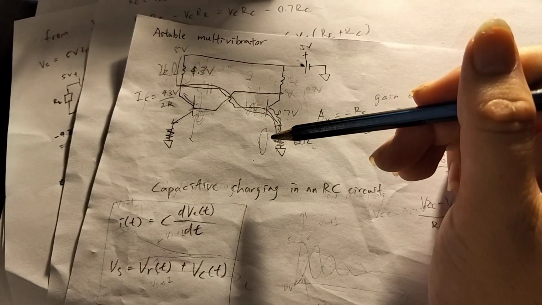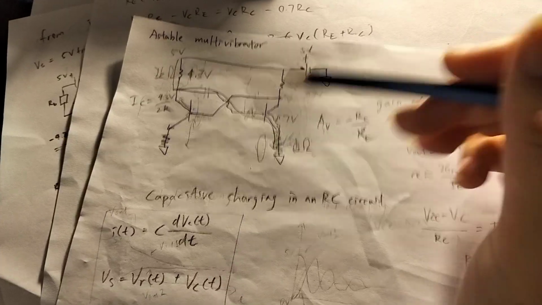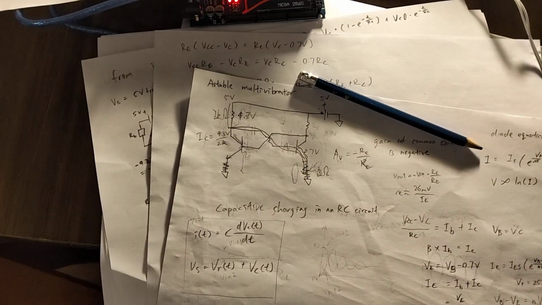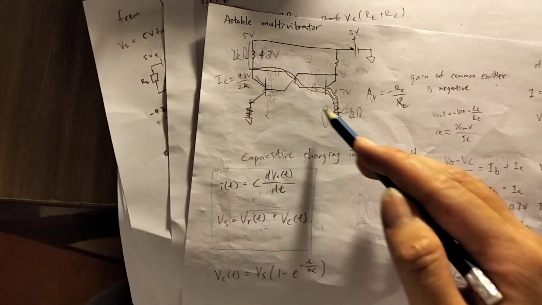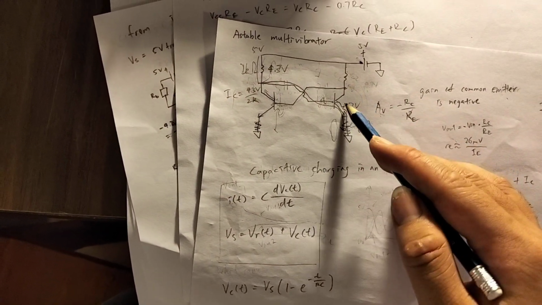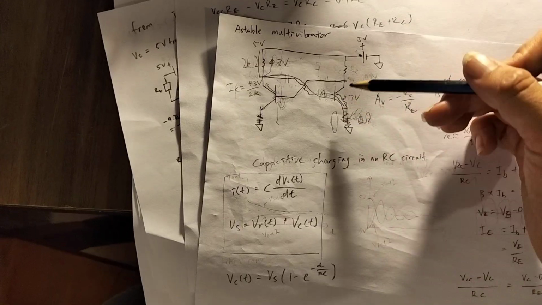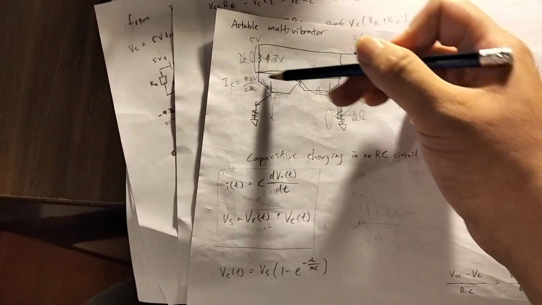The reason why it can't exist is it can only exist for one of the transistors. Suppose this is 0.7 volts, like this dropped across here.